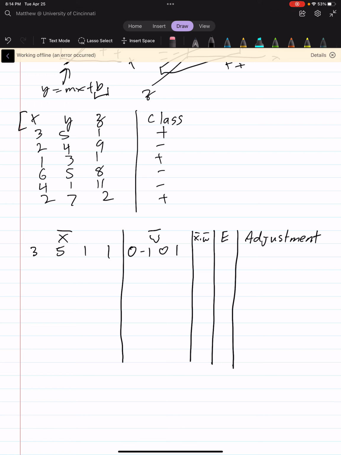Then we do the dot product of our x and w, which should give us just a single integer value. In this case, it will give us -4. In case you forgot, it's 0 times 3 plus -1 times 5 plus 0 times 1 plus 1 times 1, which gives us -4.